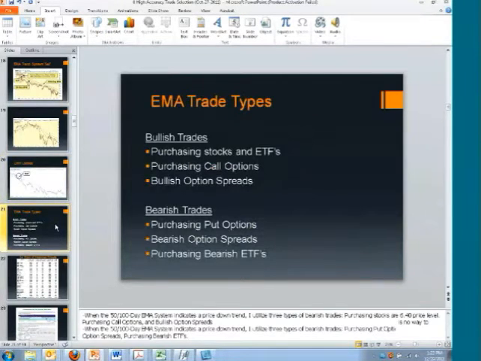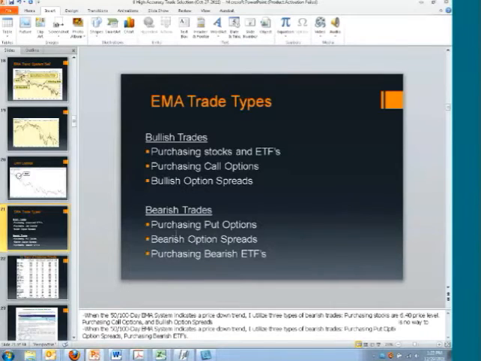And here's the type of trades we take. If the EMA system is on a buy, then we want to purchase stocks and ETFs, purchase call options and bullish option spreads. And if the EMA system is on a sell signal, then we want to purchase put options, bearish option spreads, and purchase bearish ETFs.